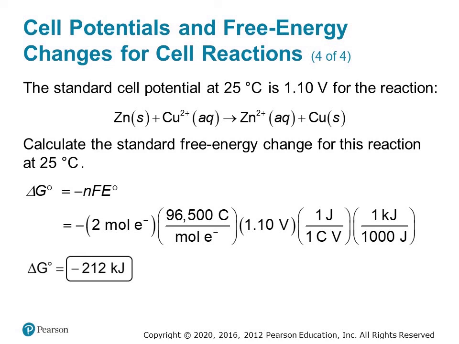F is the Faraday constant from the previous slide, 96,500 coulombs per mole, and E standard is, of course, 1.10 volts. Because 1 coulomb times 1 volt is 1 joule, and moles cancel, we end up with joules. Since delta G is usually in kilojoules, we can convert to these units by dividing by 1000. This gives us negative 212 kilojoules for delta G standard. Since this is negative, we know that the reaction is spontaneous under standard conditions.